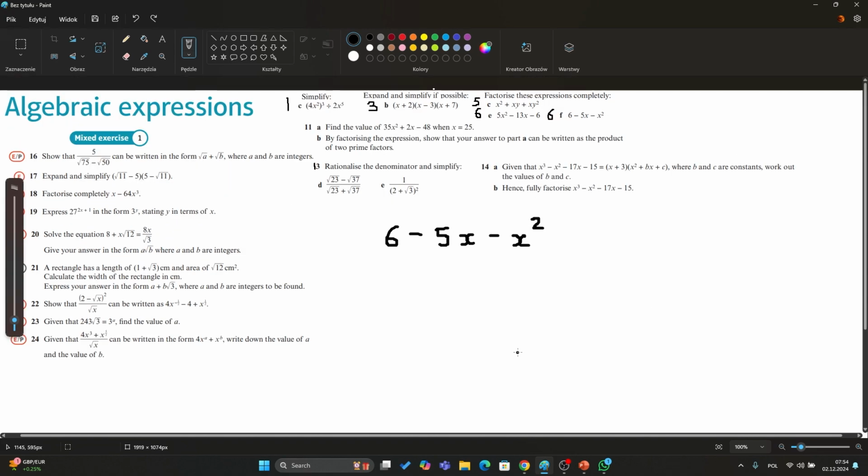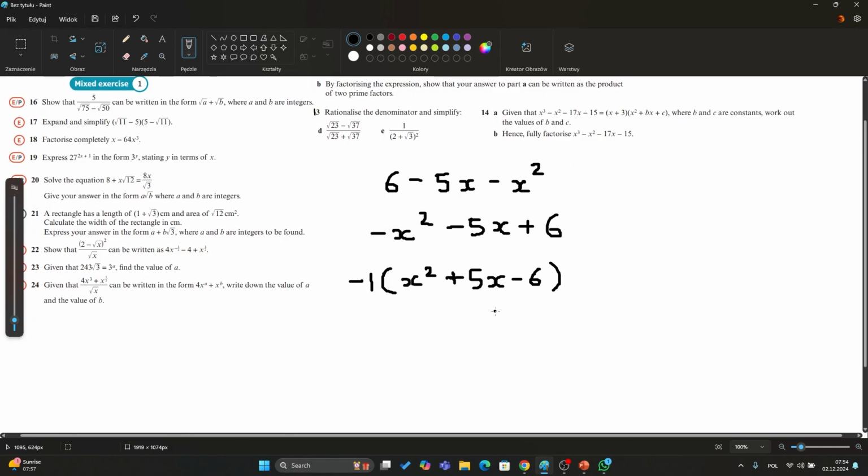So when we have 6 minus 5x minus x squared, this is in the form of ax squared plus bx plus c, but this is with minus 1. The coefficient of a is minus 1. So we take out the common factor of minus 1, and we deal with the following expression, like so. Minus 6 and 5: 1, 6, 2, 3.